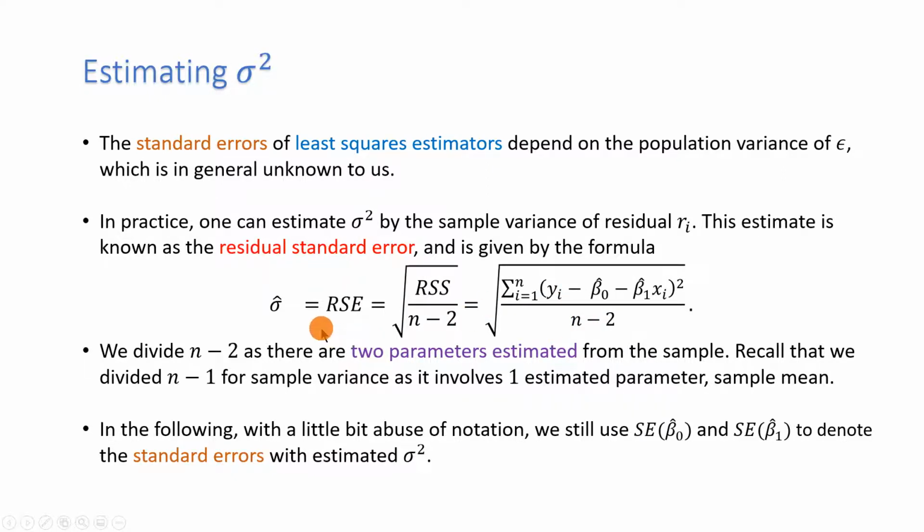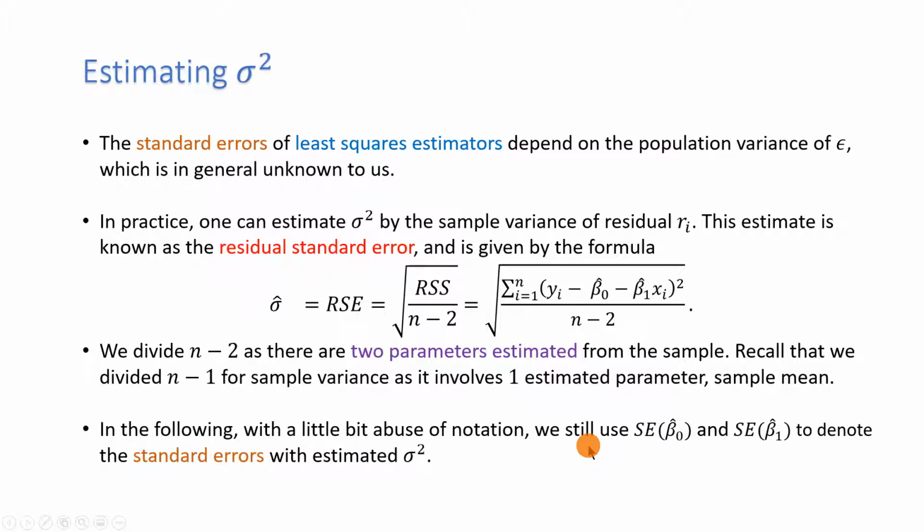And after we have obtained this residual standard error, which is used as the estimate of your sigma, right? We can just replace sigma square by its estimator, sigma hat square, right? In the calculation of the standard errors of beta 0 hat and beta 1 hat. So after obtaining sigma hat, we should be able to calculate the standard errors for beta 0 hat and beta 1 hat, okay?